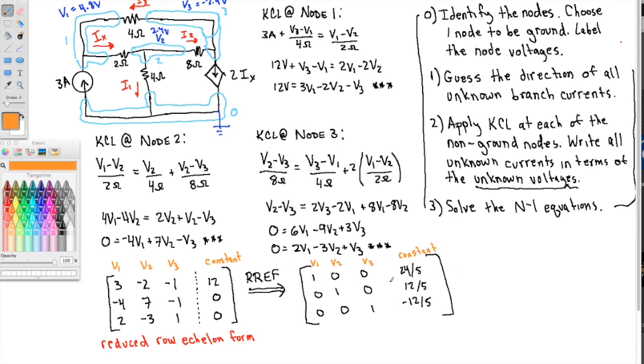So this first row says that 1V1 plus 0V2 plus 0V3 equals 24 over 5. In other words, V1 is 24 over 5 volts, 4.8 volts. That's our first unknown, no unknown no longer.